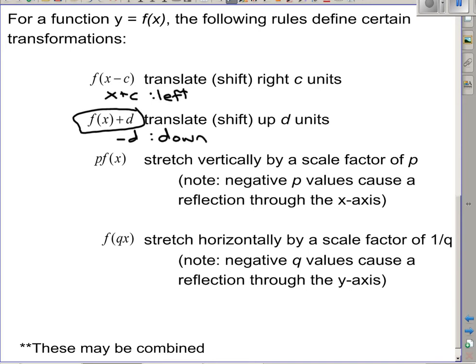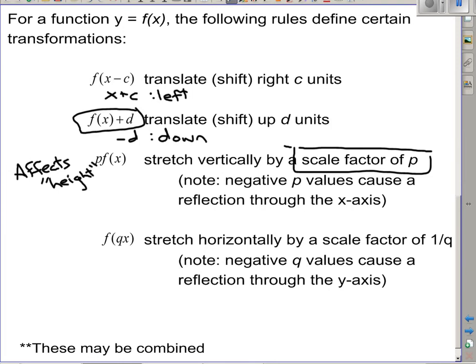If the whole function is multiplied by a number, that's going to stretch the whole function by a scale factor of whatever the number is in front. So a scale factor of p. This is going to affect the height of your graph, which is sometimes a weird concept because a lot of these graphs keep on going forever upwards and forever downwards.